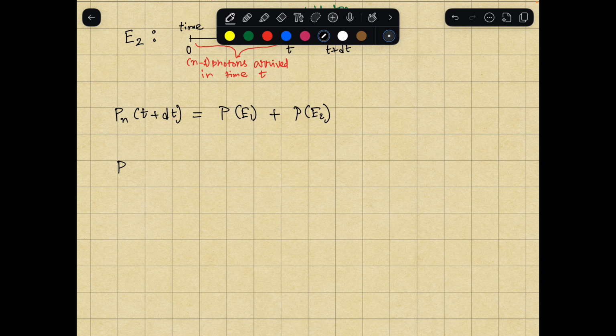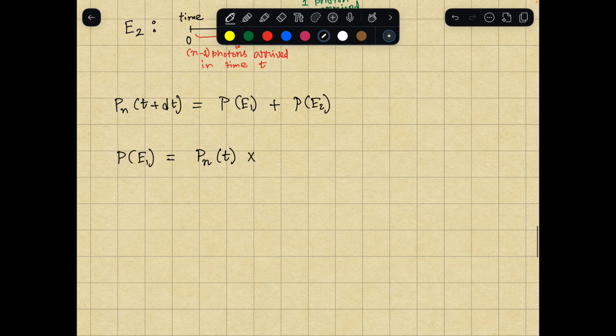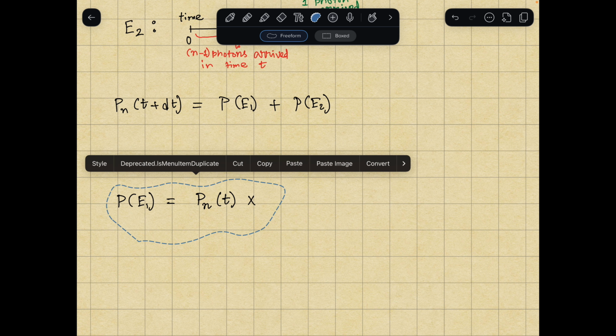Now P of E1 has two parts: that n photons have arrived in time t, multiplied, because they are independent events, by the probability that no photon arrived in time dt. So what is the probability that no photon arrived in time dt? Well, to determine this, we must introduce a parameter.